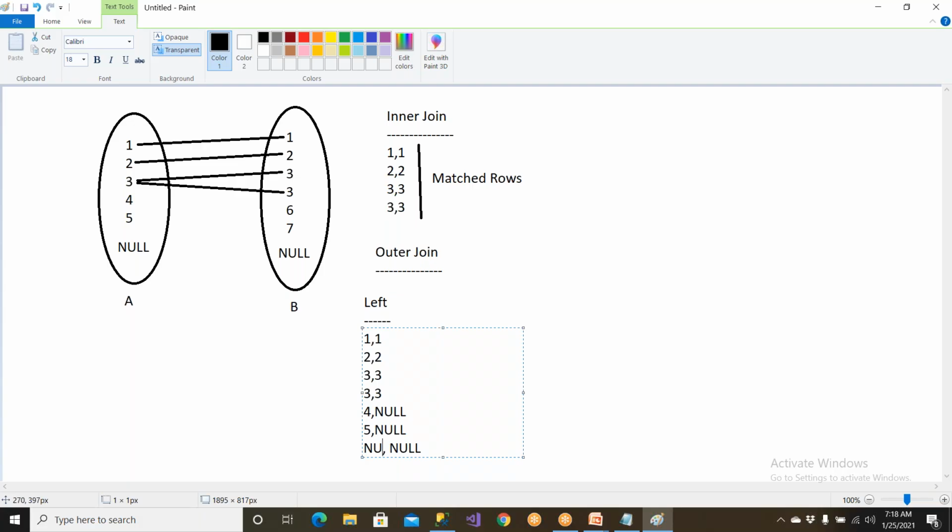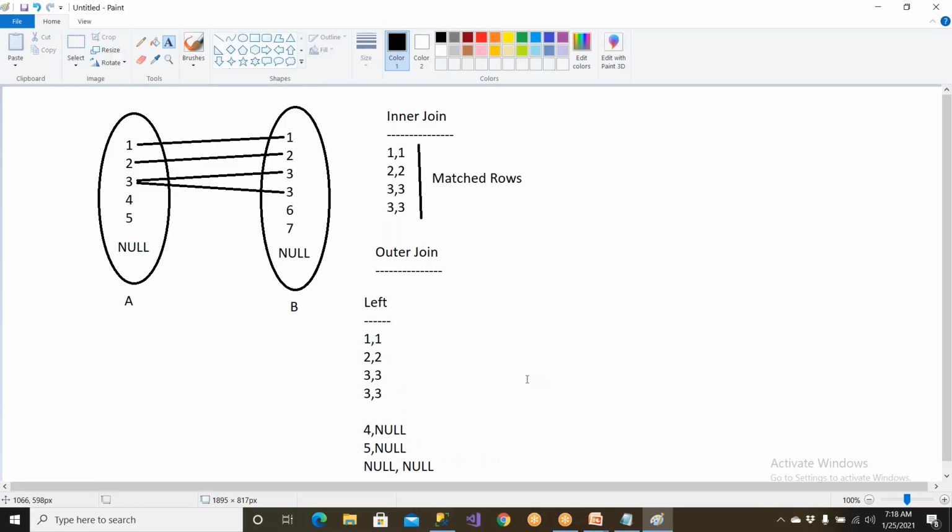Clear? So this is what is called left outer join, or people will be calling this a left join. So left join will be matched data, that is inner join data, plus unmatched data from the left table.